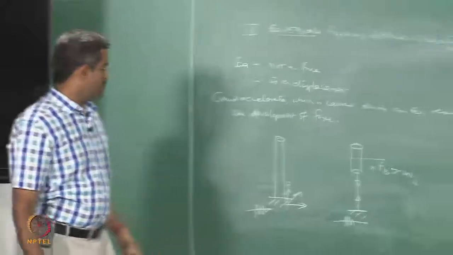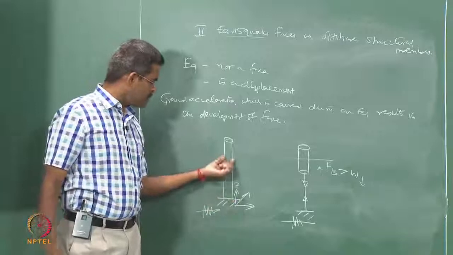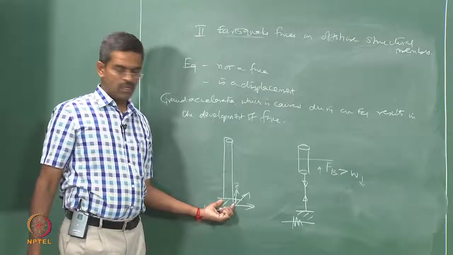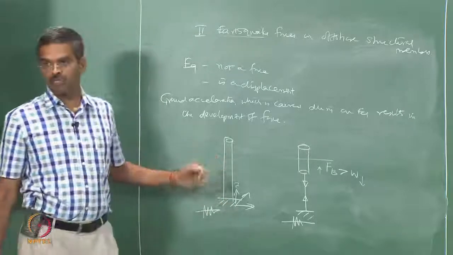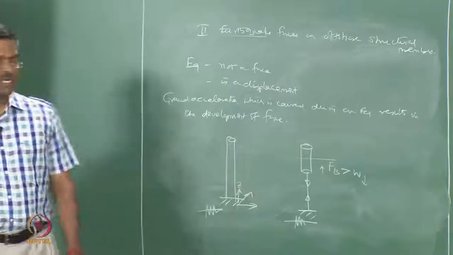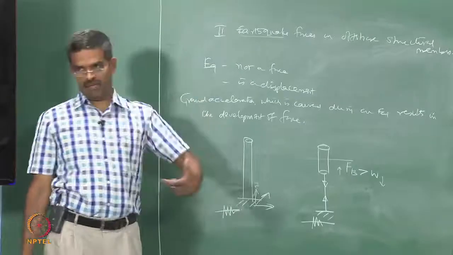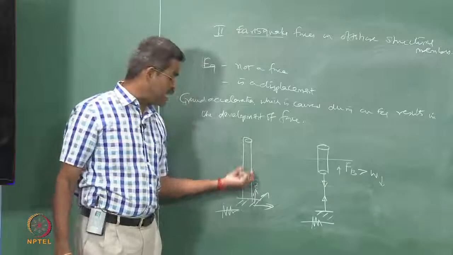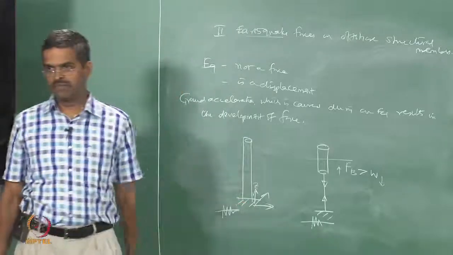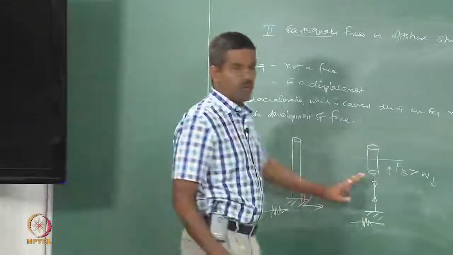Since this member is rigidly fixed to this, whatever forces are offered by the system will be transferred as stress to the member material. If the member is able to take the stress, the member will not fail, otherwise the member will fail. So, it is actually a design concept in terms of adding this as an additional force to the member. Whereas in this case it is different, you see here what happens.